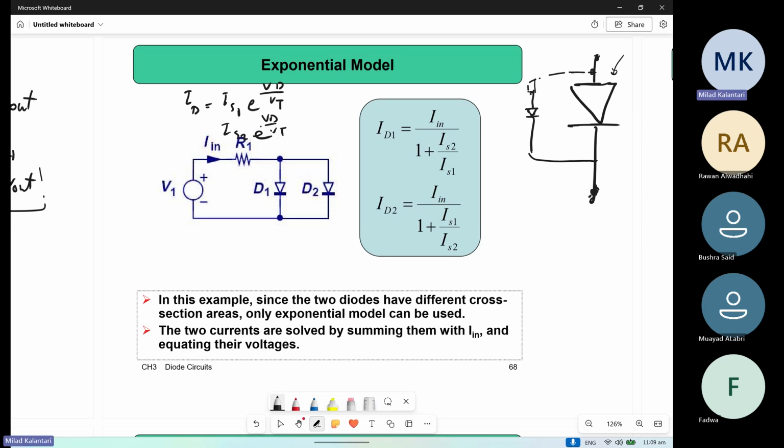It's not as easy as you think if the diode sizes are different. So you have IS1 for the small diode, IS2 for the larger diode, and VT. You need to know how much of the current passes through which.